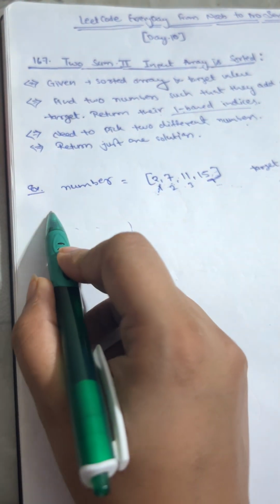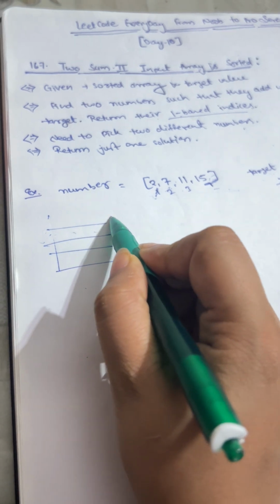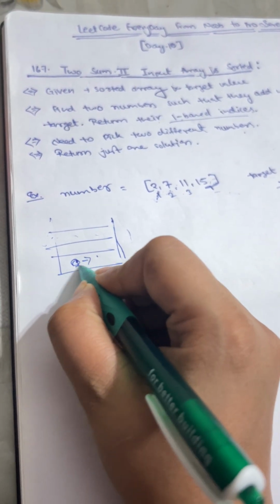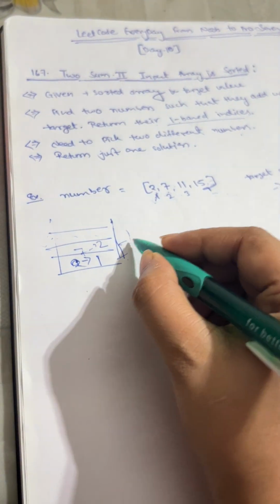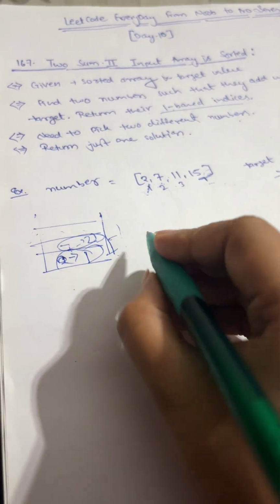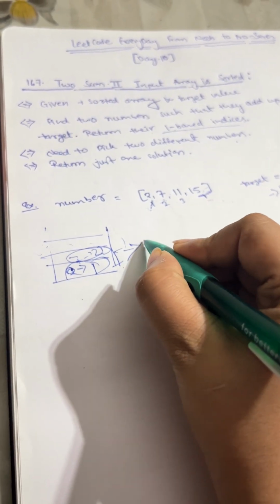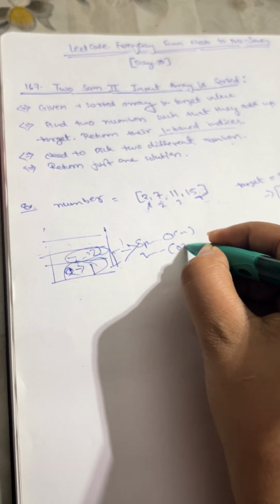So we need a hash map where we add all the values we have seen along with their indices, and if the sum equals the target, we return these values. But what we saw yesterday is that the space complexity was O of n, and the time complexity was O of n.